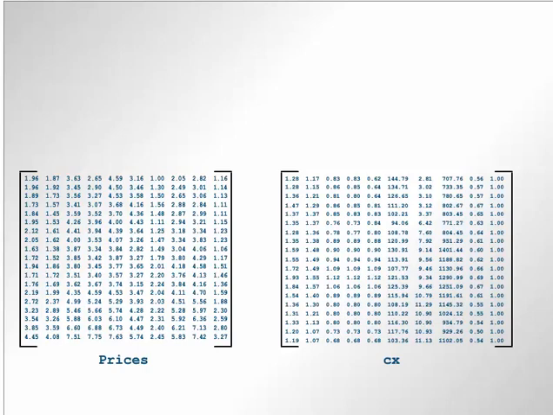Here, to do the conversion correctly, you need to multiply the elements of the prices matrix by the corresponding elements of the currency exchange rate matrix. To do this, you cannot use the star operator, as that will cause an error. This is because when multiplying two arrays, MATLAB uses mathematical matrix multiplication, not element-wise multiplication.